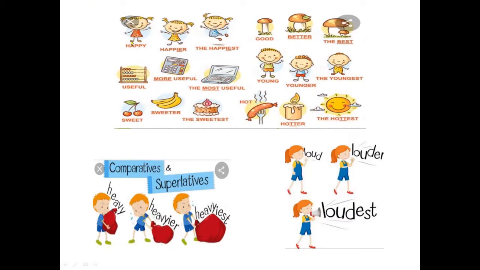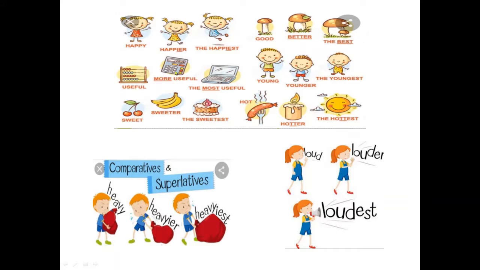Now students, we will go through some more examples of describing words, that is adjectives, in all the three forms. Here you can see happy faces. Happy, happier, the happiest. You can see this face is most happy compared to the other two. Good, better, the best.